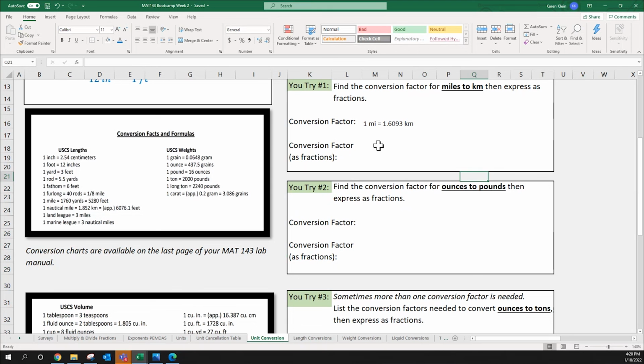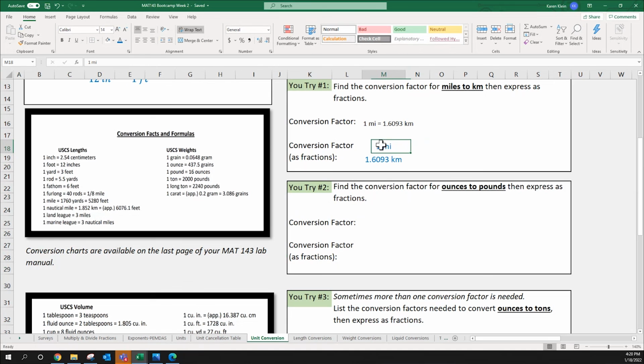All right, now how do I write this as a fraction? I'm going to write it as 1 mile divided by 1.6093 kilometers. And if that's chopping it off for you, that means I just need to expand. You can take your cursor between column M and N and just drag it over. I'm going to underline my numerator to make it look like a fraction.